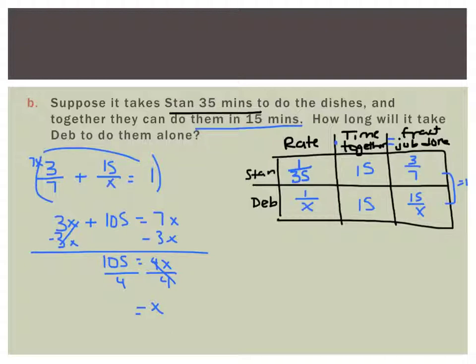So I'm going to go ahead and divide that out. 4 goes into 105 26 times, and a fourth. So it's going to take her 26¼ minutes, which is 26 minutes and about 15 seconds, to do it by herself.